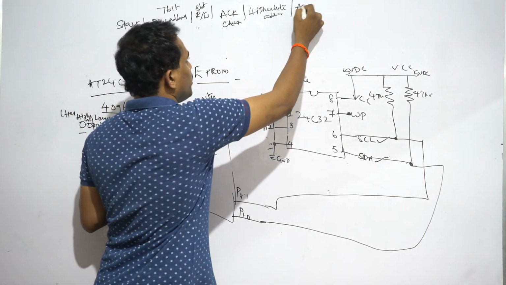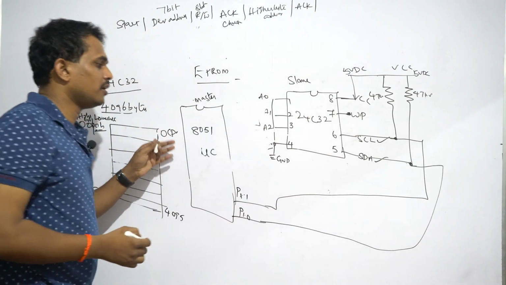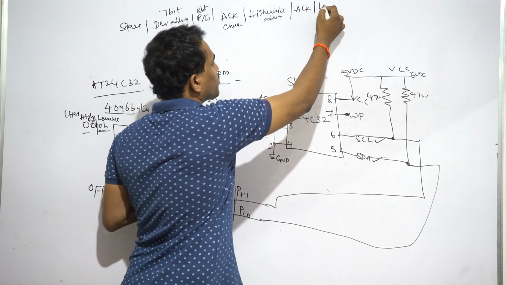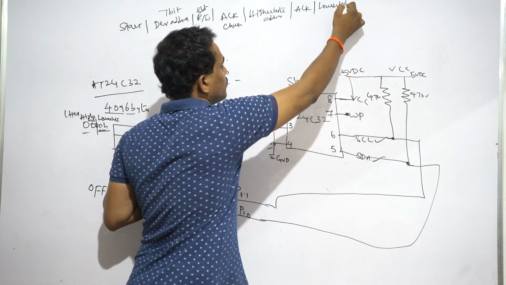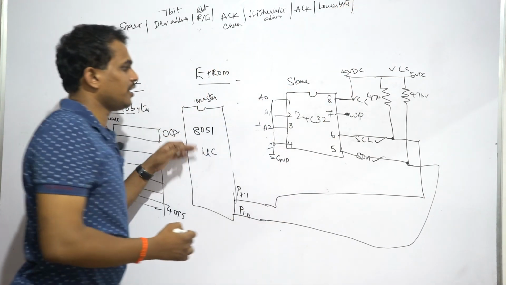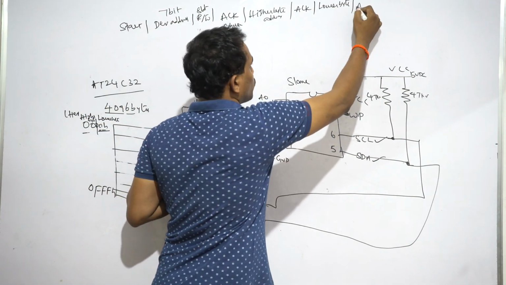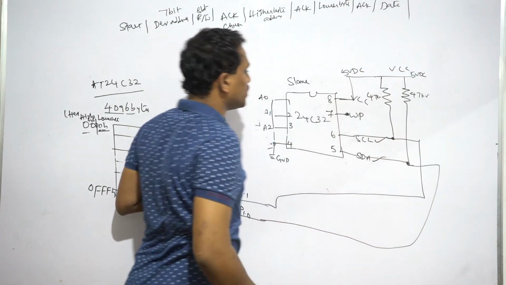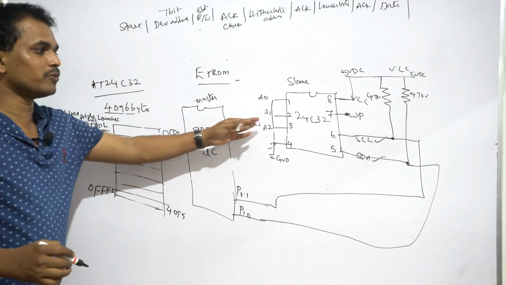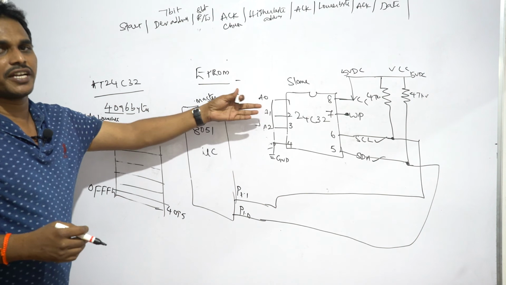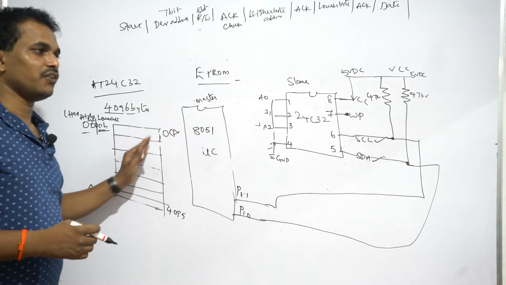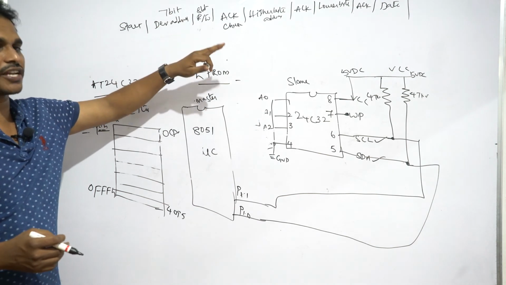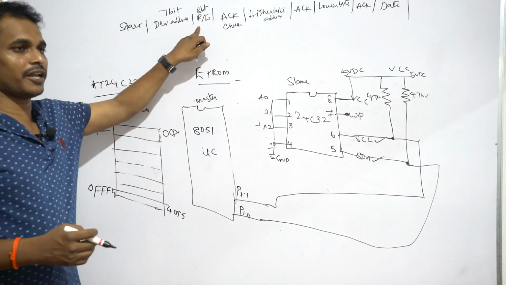So again you have to check this acknowledgement, and once the acknowledgement is successful, then it will go for the lower byte, and after that again it will expect the acknowledgement, and then you can send data. Whatever operation you expect from this particular EEPROM location, whether read or write, if it is a read operation, you make this bit 1, and if it is a write operation, make this bit 0.